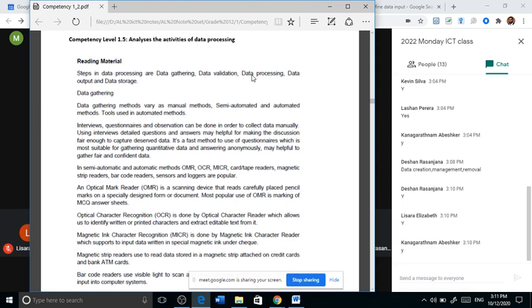Okay, so we are going to discuss that in this part, as well as data storage, how you can store the data. There are many methods. It can be a computer hard disk, a CD, a flash drive, a USB drive, a microchip, or some other storage method. Why are we storing the data? To take it in the future.